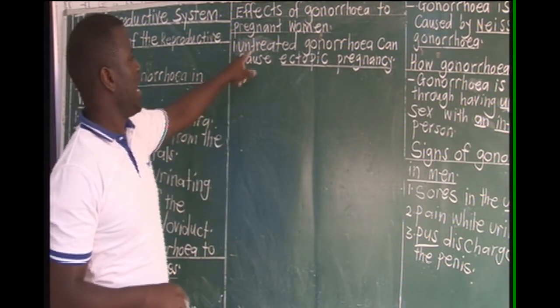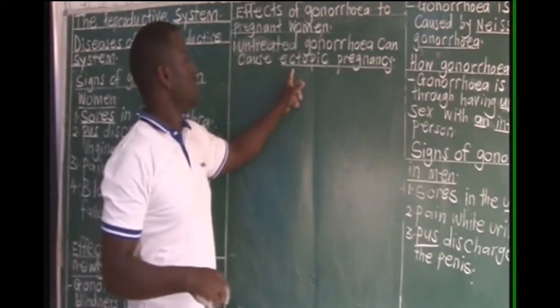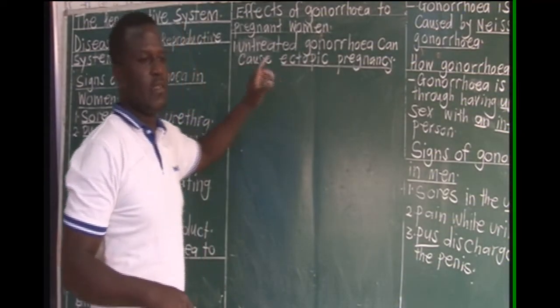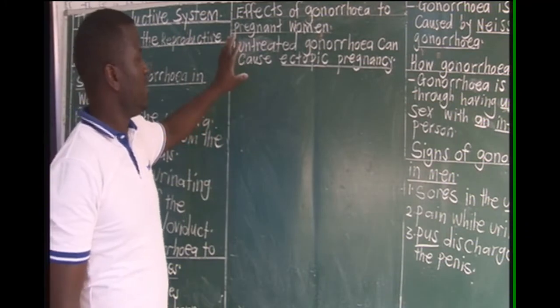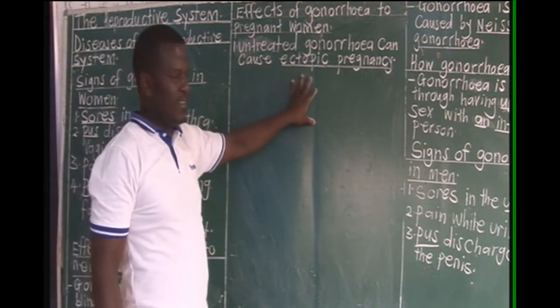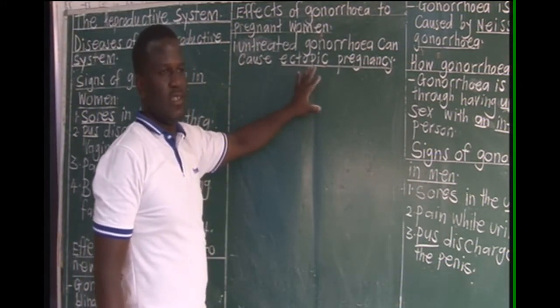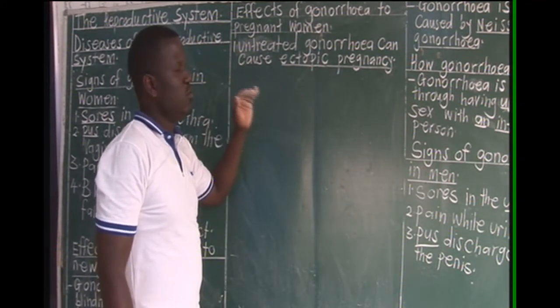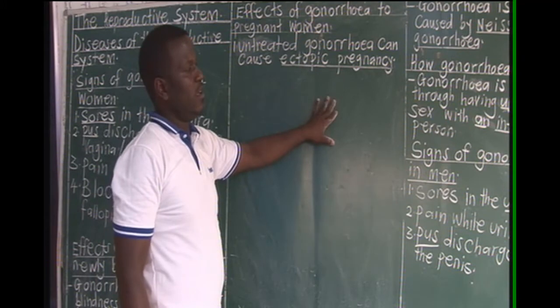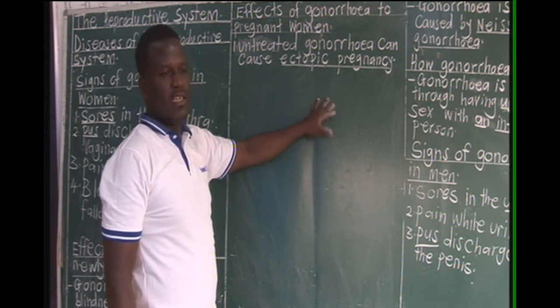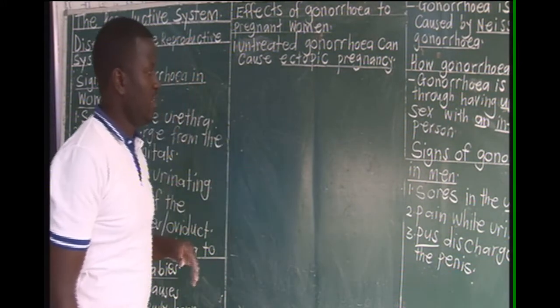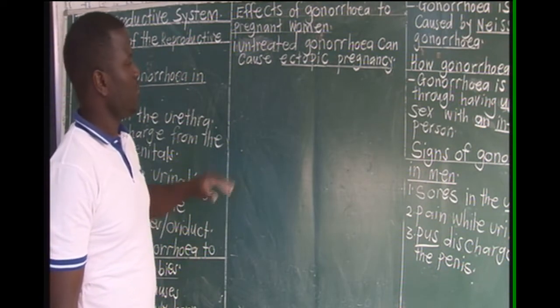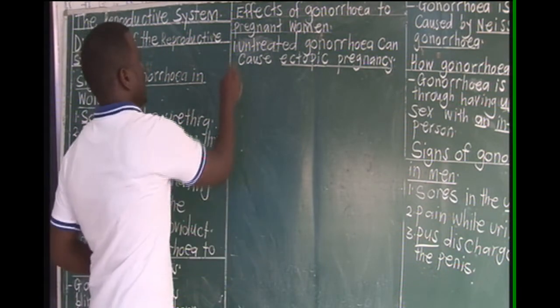That's why we are saying untreated gonorrhea can cause ectopic pregnancy. Ectopic pregnancy is the type of pregnancy that takes place in the oviduct, where the embryo grows from the oviduct. It doesn't move to the uterus for implantation. As simple as that.